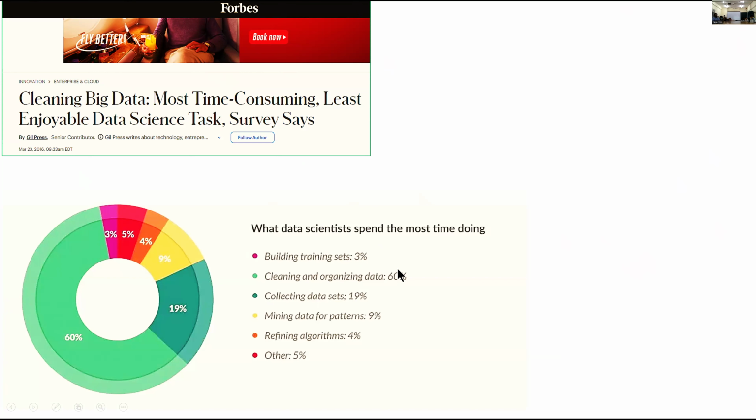Cleaning the data, 60% of time. Building data, training the data sets, refining algorithms, which is what everybody thinks the statisticians are doing. I'm doing high level computing, I'm a genius. That's only less than 10% of your time. So most of the time spent by almost everybody is cleaning the data sets.